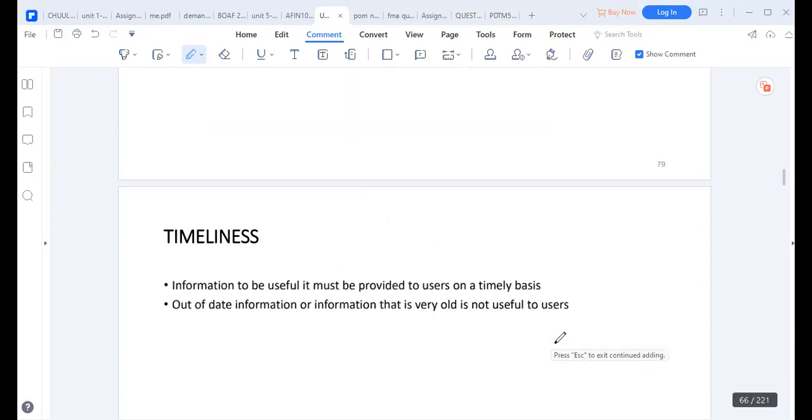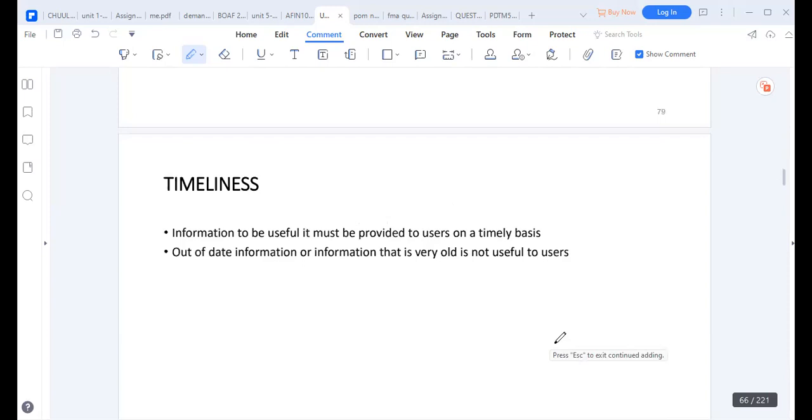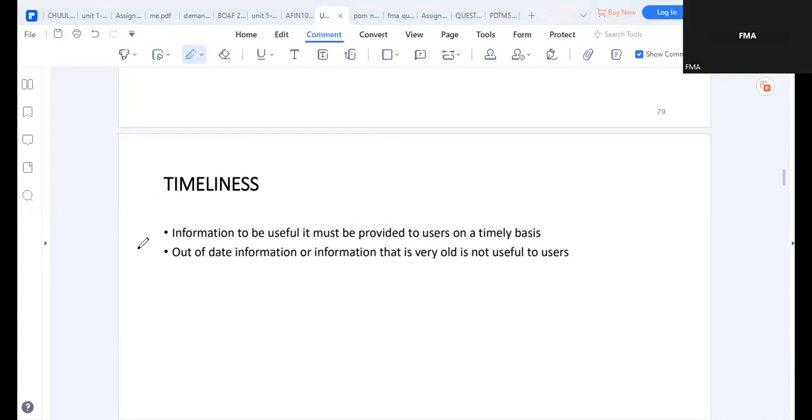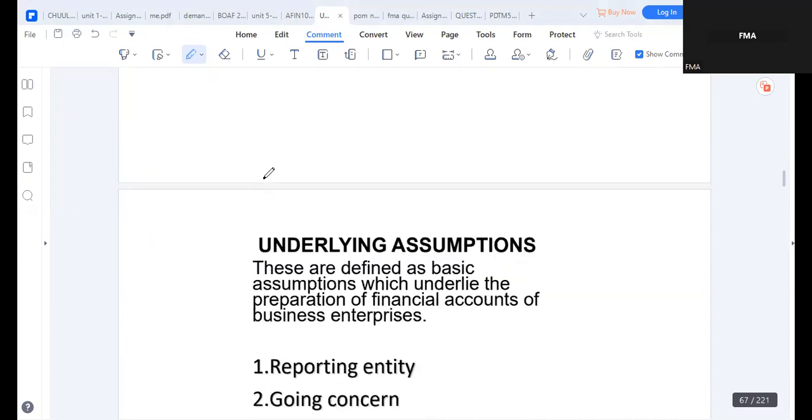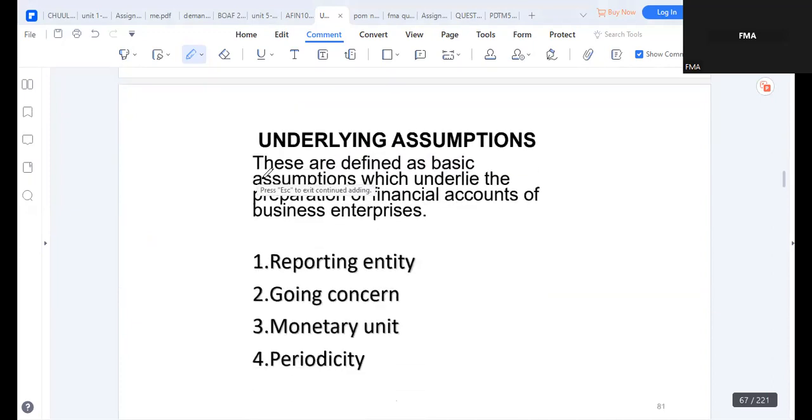It must be timely. Information that is timely is provided to be useful to the user. Sometimes information that is provided late becomes useless because you defeat the aspect of relevance. Timeliness is important in accounting. No wonder ZRA gives penalties to people who fail to fulfill their obligations on time.